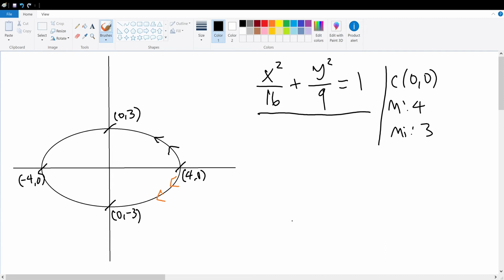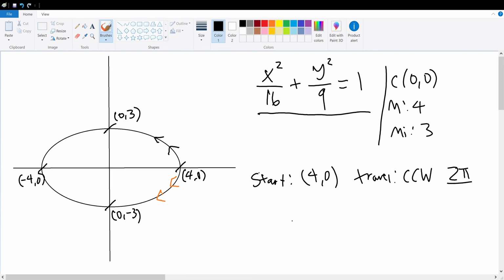We're going to take up the first example, which is parameterizing this ellipse to start at 4, 0 and travel in a counterclockwise motion, which I'm going to abbreviate as CCW, with a 2 pi rotation.